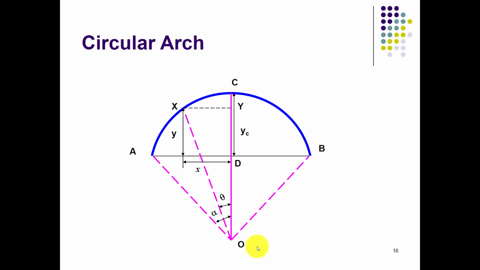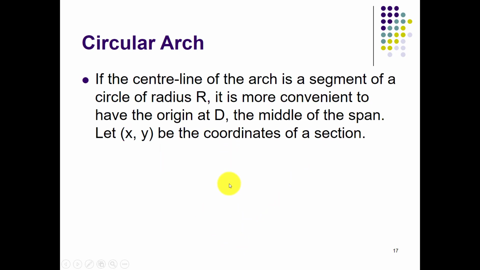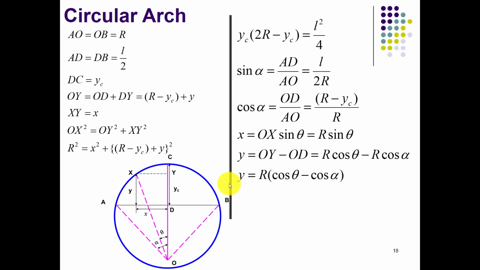In the case of a circular arch, you can resolve the circular arch by taking it as a semicircle, and then draw the value of the radius, which is radius equals OB, OA, and OC. So in the case of a circular arch, we have a radius equal to OA, OB.